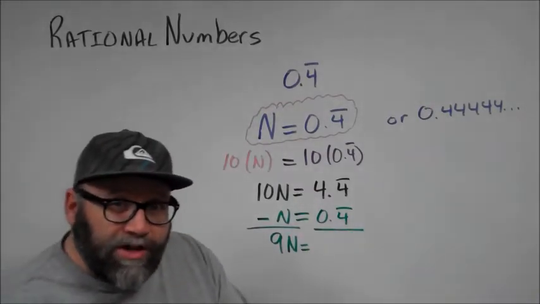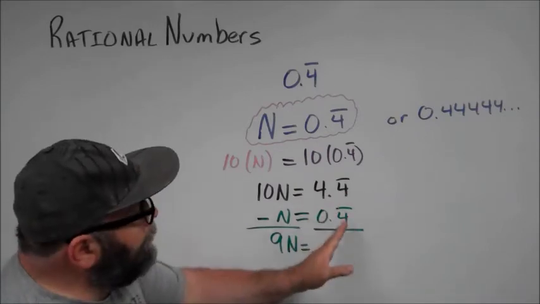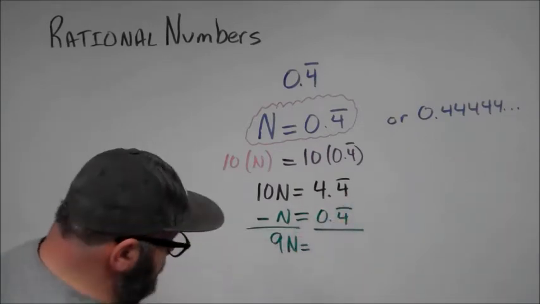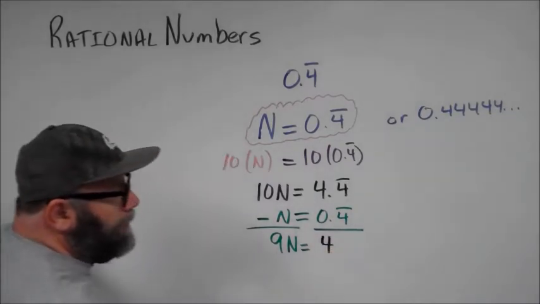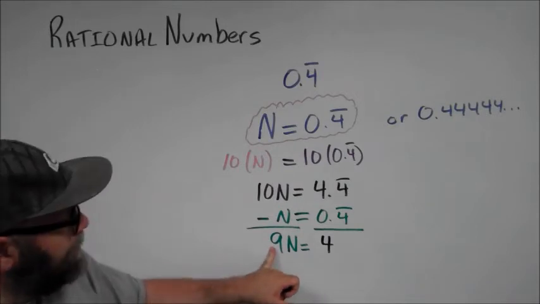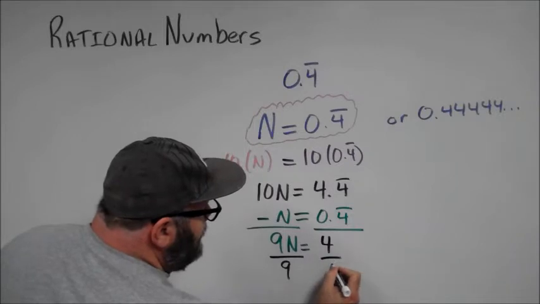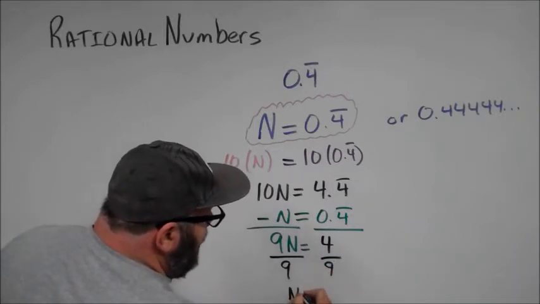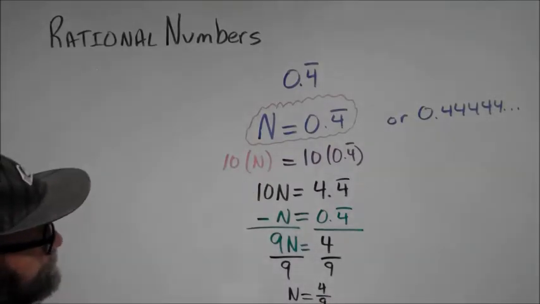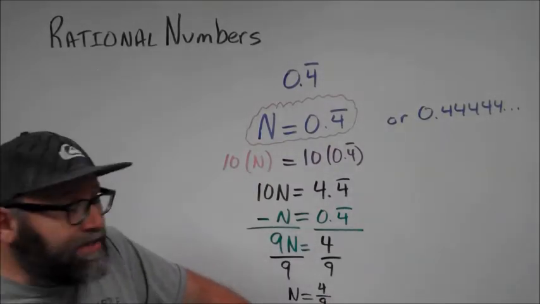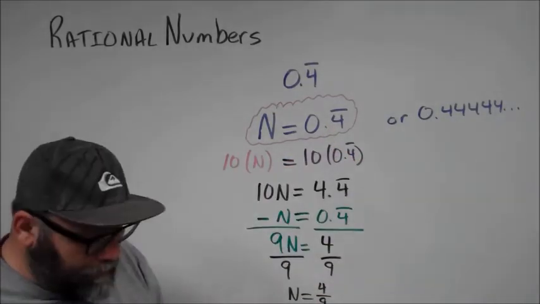When I take away that 0.4 repeating, those all become zeros, and what I'm left with is just 4. Now I've got a one-step equation. To solve, I divide both sides by 9, and I get n equals 4/9. That is the fractional equivalent of 0.4 repeating.